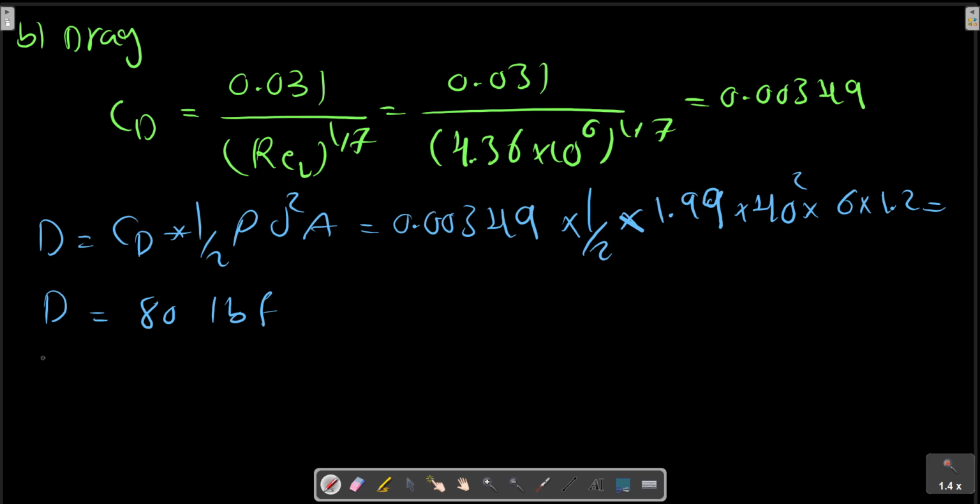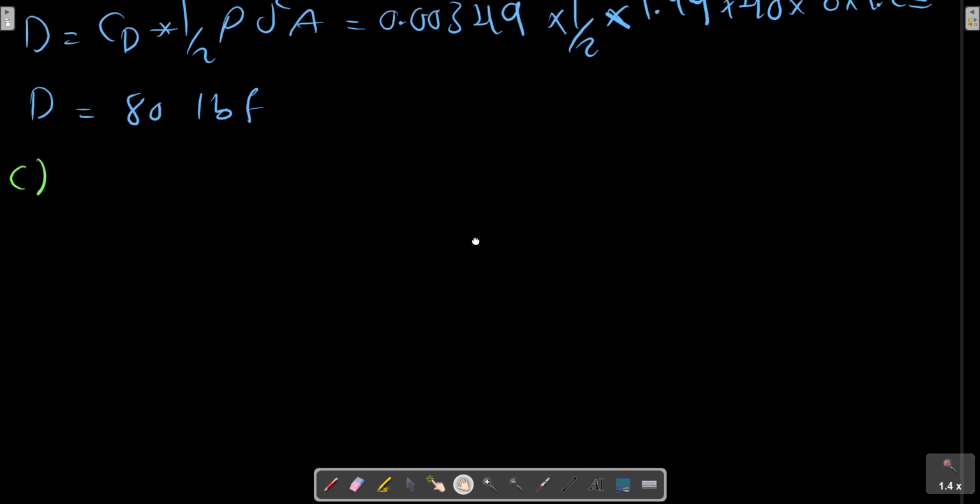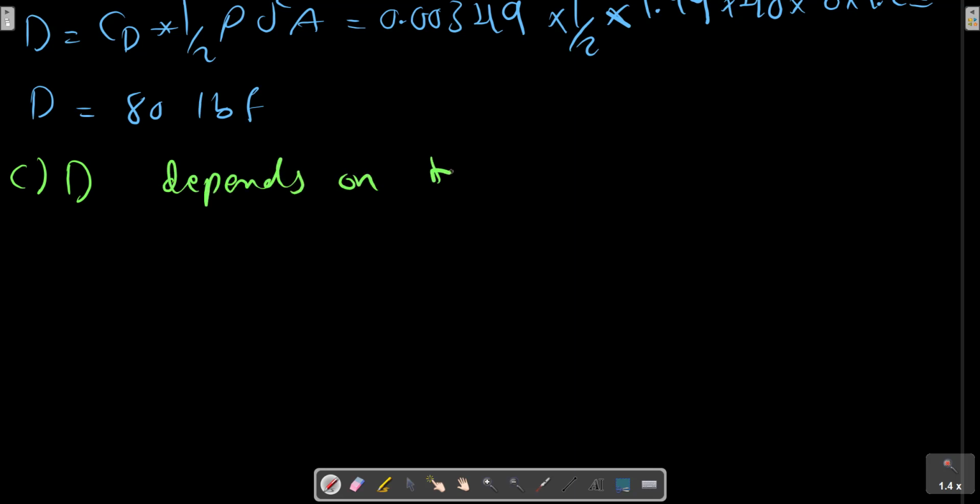And the C section, with the laminar flow, we calculate drag depends on the transition Reynolds.